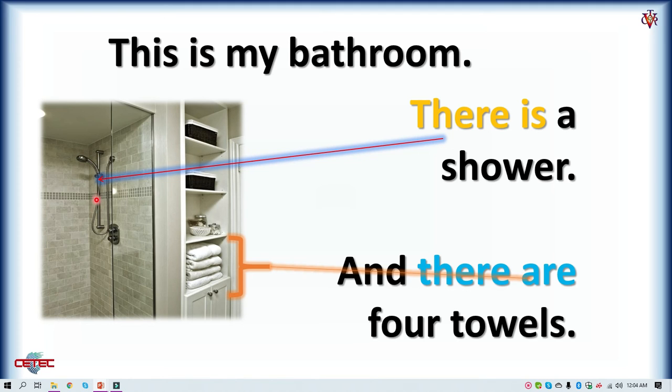Here, in the picture, it's only one shower. There is a consonant, shower. And there are 4 towels. Are is plural. 4 towels. 1, 2, 3, 4.